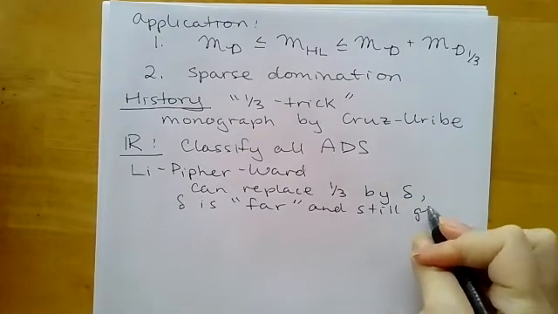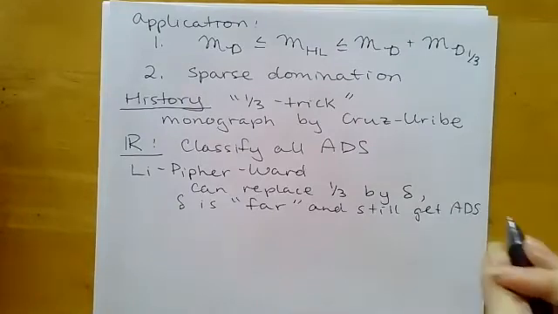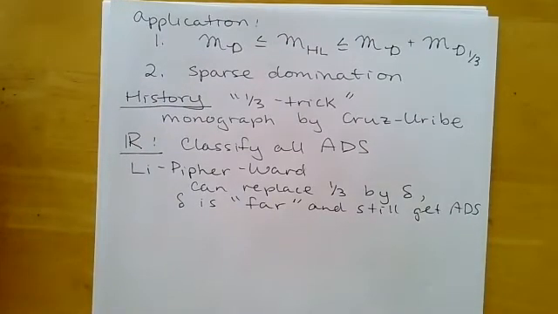Okay, so now this gives us a lot of different ones. I'll show you the definition of far. And if you think about it a bit, you'll realize there are a lot of different far numbers, and so hence a lot of different adjacent dyadic systems.